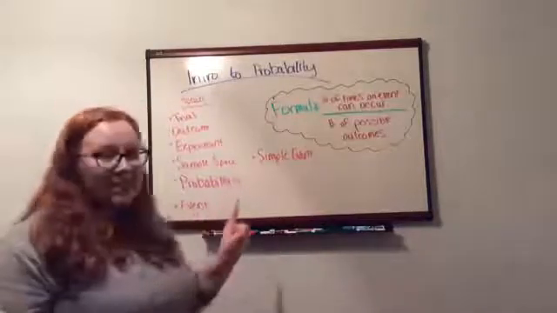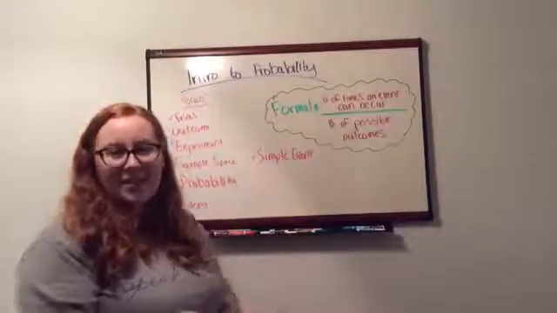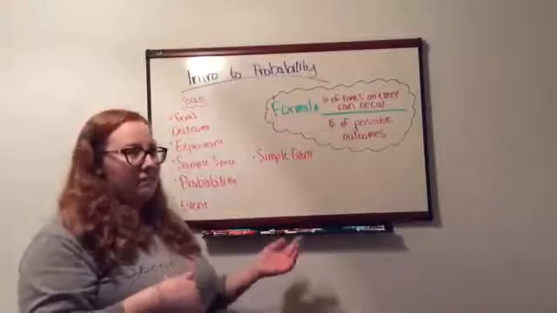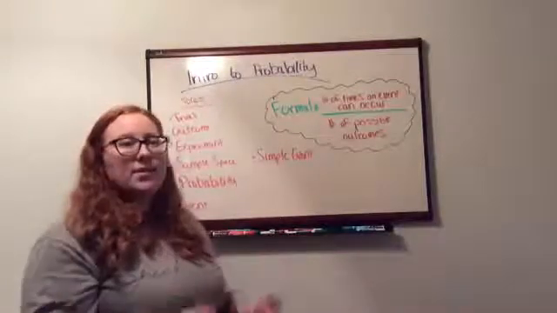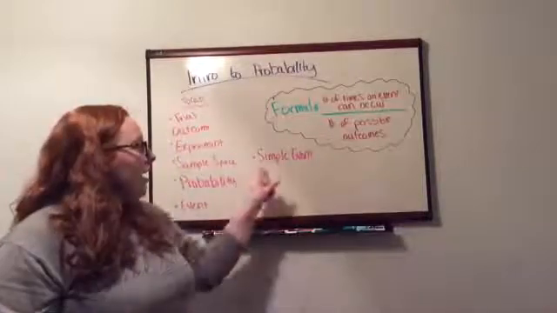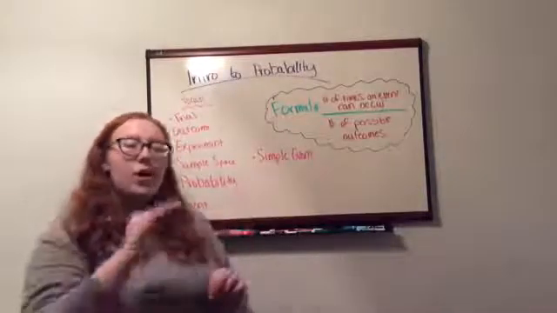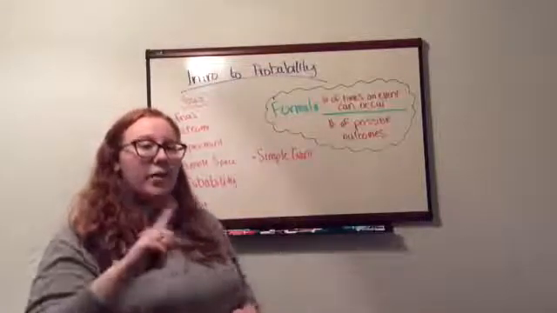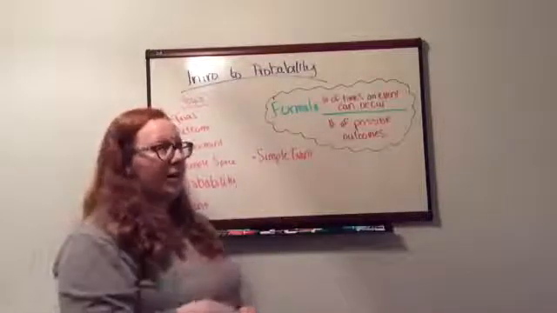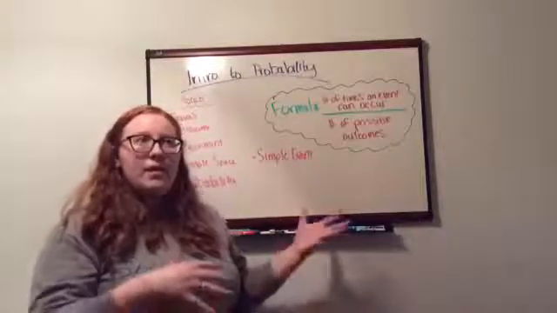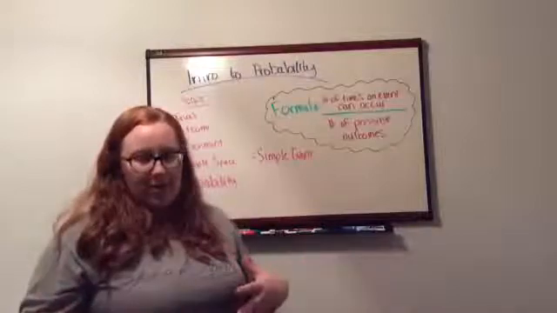The event is kind of the same thing as the experiment. So the event would be rolling the dice once, or rolling it 50 times, or rolling it 100 times. A simple event is just one where you're only doing one thing. So you're only looking at rolling one die, or only tossing one coin, or pulling out one marble, not looking at several different things altogether.